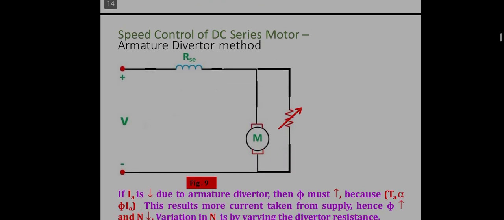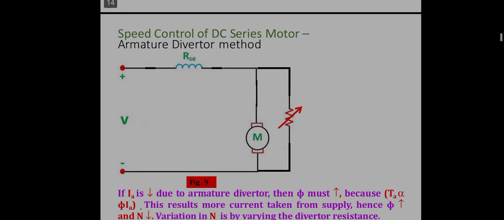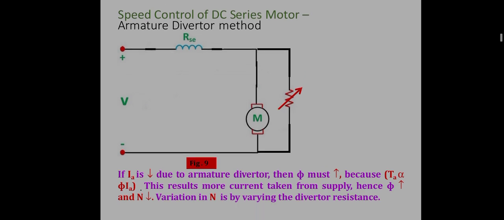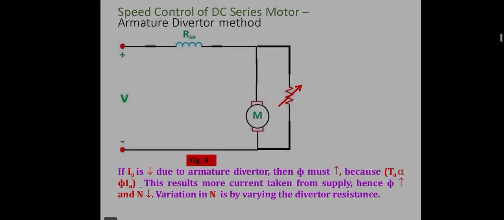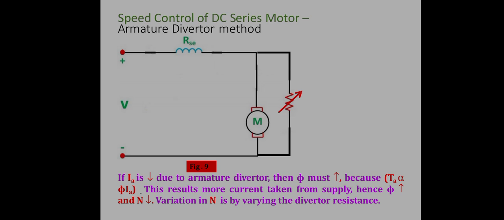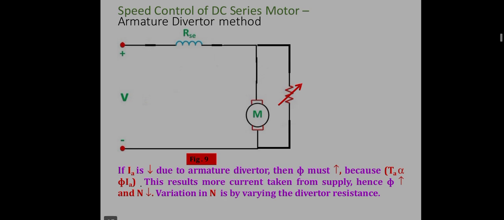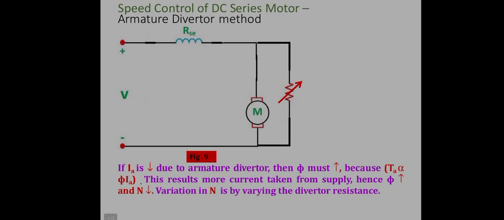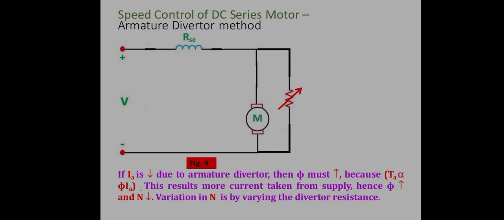In the armature diverter method, one variable resistor is connected across the armature alone. So we are diverting the armature current. The Ia is reduced due to the armature diverter, so the flux must increase because torque is proportional to phi Ia. This results in more current taken from the supply, hence the flux is increasing and the speed is decreasing.